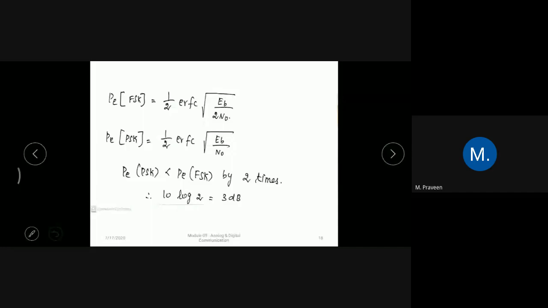By comparing these two, we understand that the probability of error of phase shift keying is lesser than that of frequency shift keying by 2 times. While comparing by 2 times, the equivalent of 2 in terms of dB is 3 dB, that is 10 log of 2. Log 2 is 0.3. 0.3 into 10 is 3 dB.